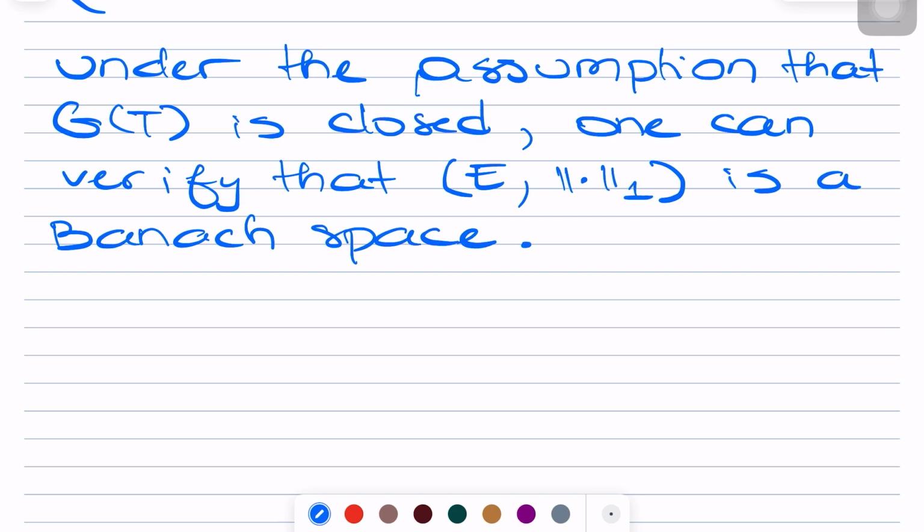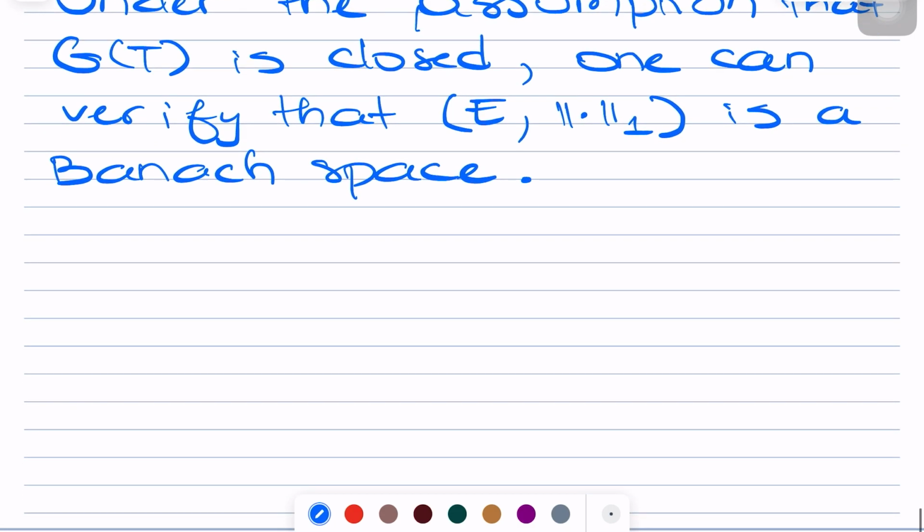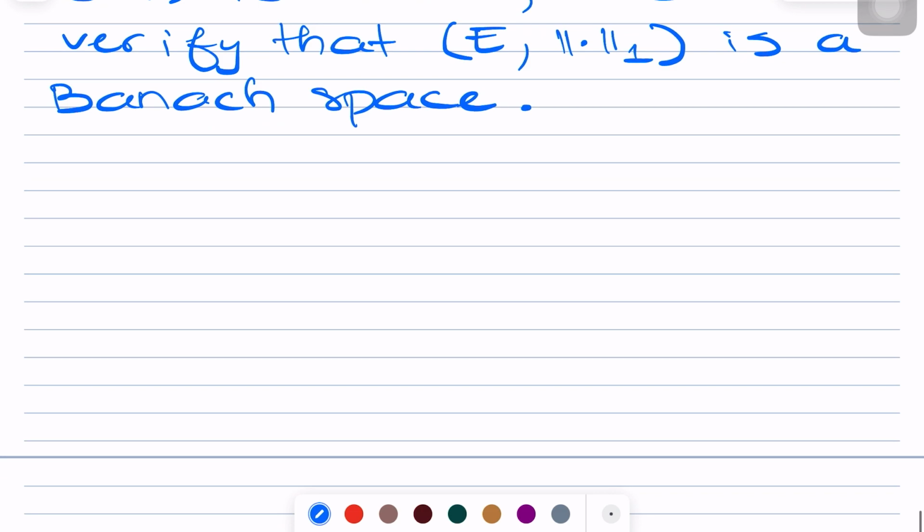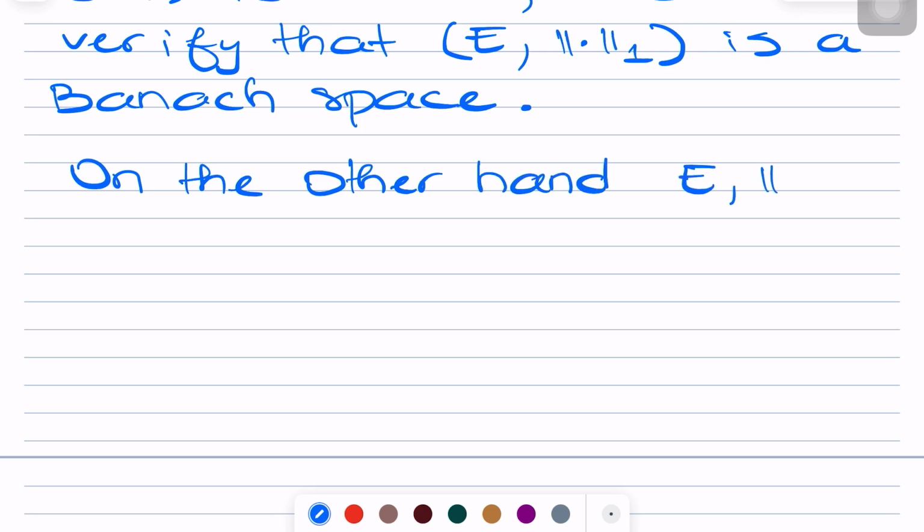Of course, I leave this to you. On the other hand, E with its usual norm is a Banach space by assumption.